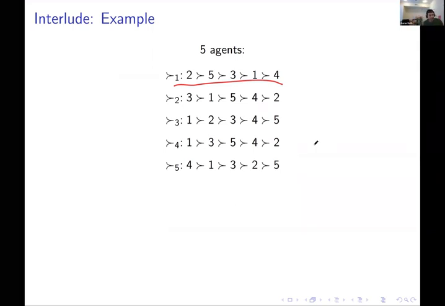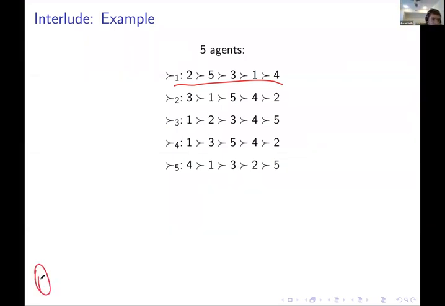So how's the algorithm going to work? Well, we've got a graph in which the players are vertices, 1, 2, 3, 4, 5. And they're all going to point to their favorite good. So player 1 points to good 2, that's his favorite.